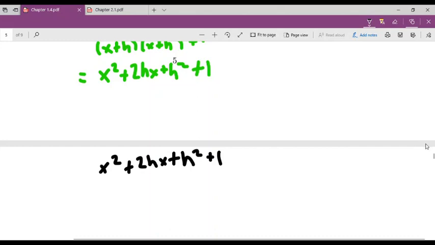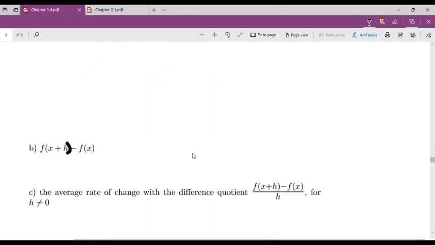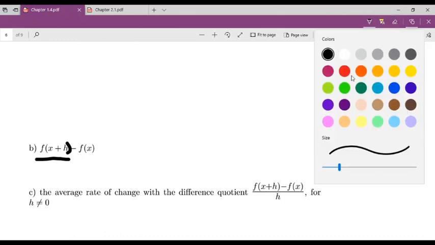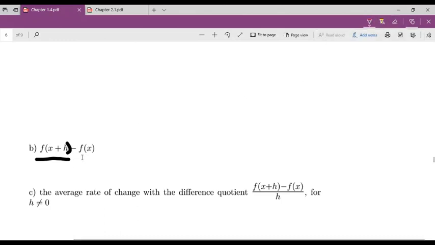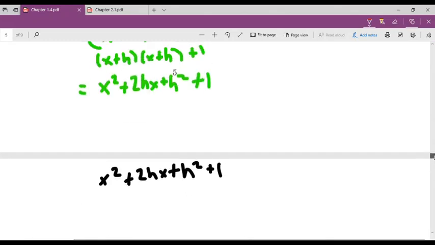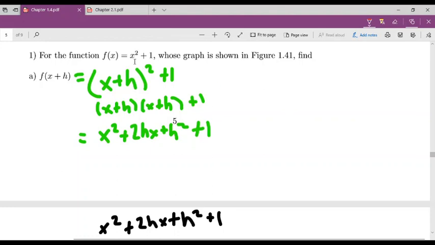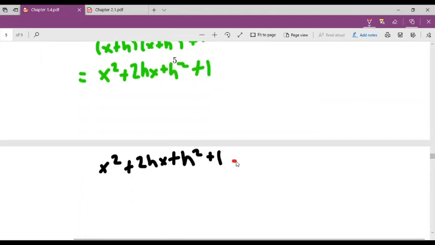Okay, so that part corresponds with this f of x plus h here. Now we need to subtract off just a regular f of x here. Now if you go up, remember your regular f of x is just x squared plus 1. So I'm going to subtract off x squared plus 1.